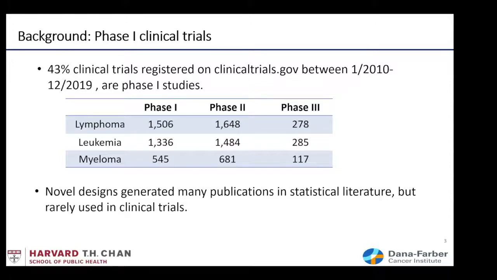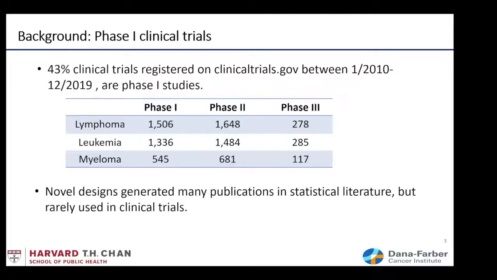To prove my point, I went into clinicaltrials.gov and found the clinical trials on lymphoma, leukemia, and myeloma registered between 2010 and 2019, a 10-year period. Here are the numbers of trials registered as phase 1, phase 2, and phase 3. You can see that 43% of the trials registered during this period are phase 1 trials, so it's a vast majority.